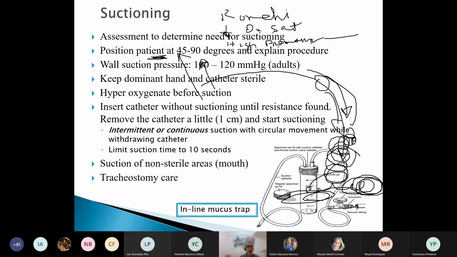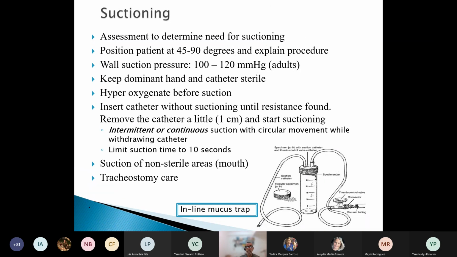For that reason the high pressure alarm can go off, and it is an indication that maybe the cause is secretion.